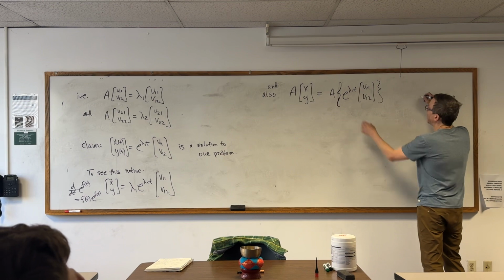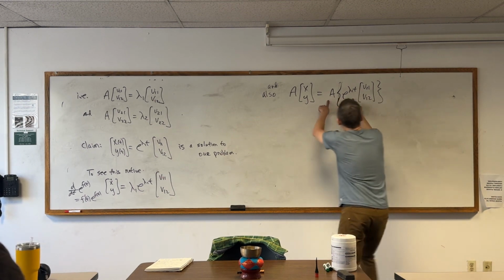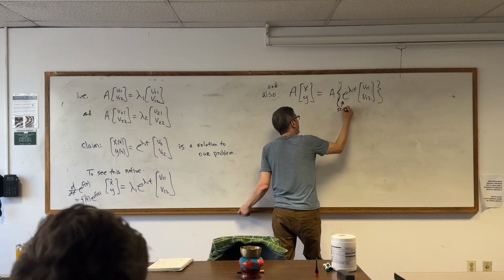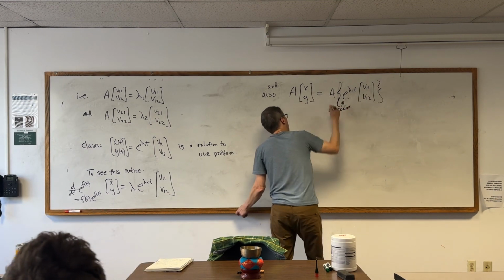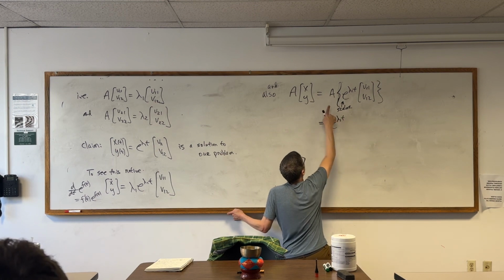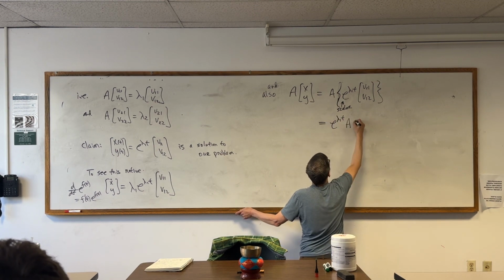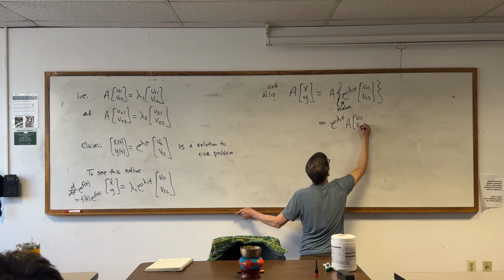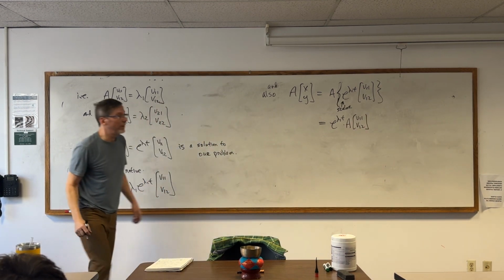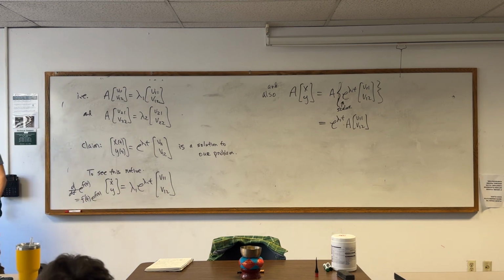And I'm going to use the fact that I can bring this scalar out in front. So this is just a scalar, and it comes out in front. So I'm going to make it e to the lambda 1 t, and then I have A times this vector. Let me write this up and you tell me if that looks reasonable to you. Let me stop.